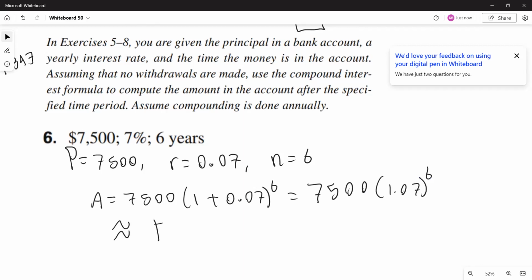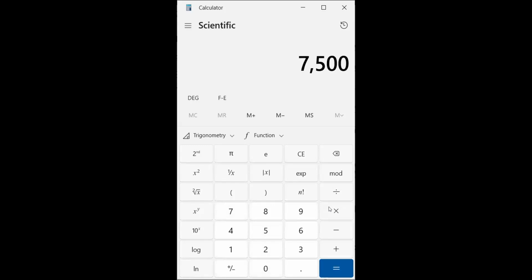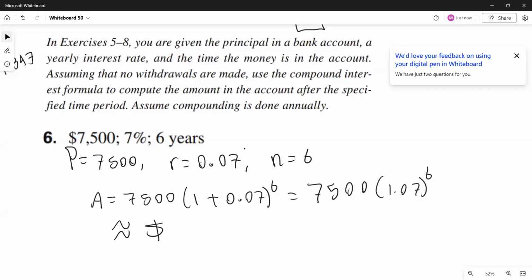To the nearest cent, I'll show you this. That's 7,500 times 1.07 raised to the 6th power. And that's $11,255.48. So this money is going to be to the nearest cent.